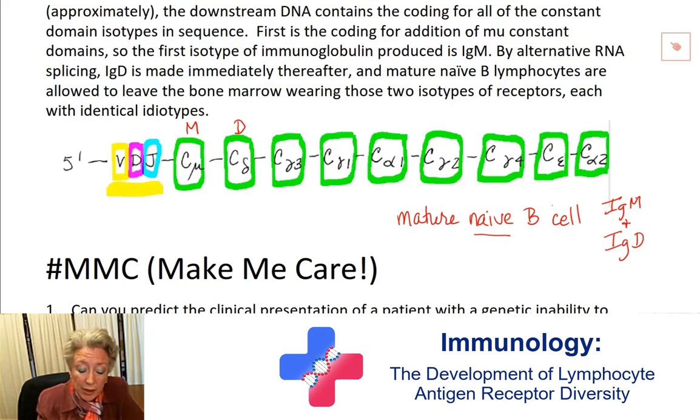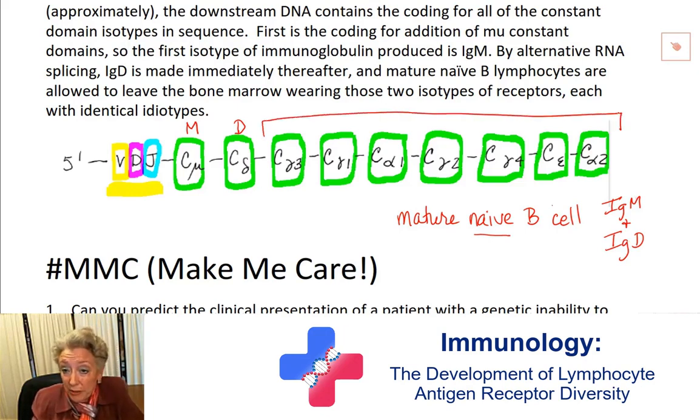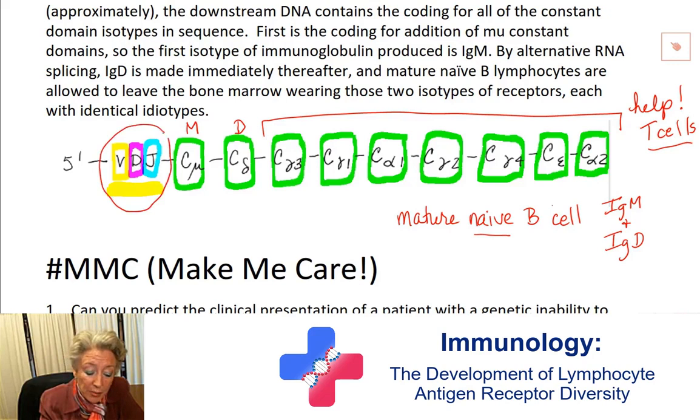Now, all of these constant domains downstream in the DNA are under the control of help from T cells. So I will not make anything but IgM and IgD until I receive signaling from a helper T cell that would then activate one of these regions and cause the idiotype to now be joined to another constant domain.